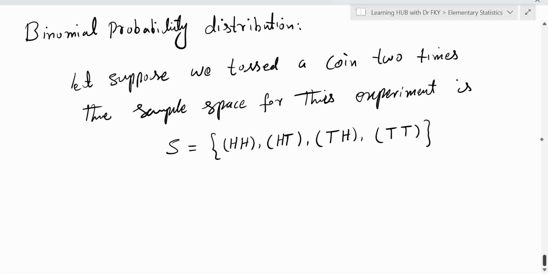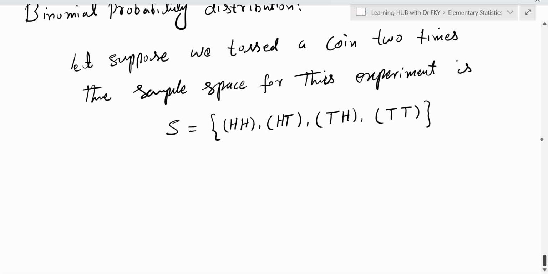Now I will explain a little about the random variable. A random variable is a variable whose values can be determined by a random experiment. Suppose we are interested in the number of heads. Then the random variable is X, which denotes the number of heads.